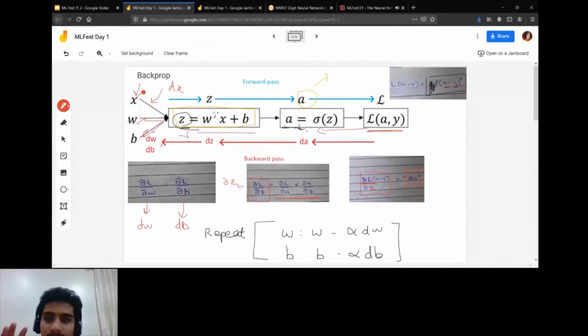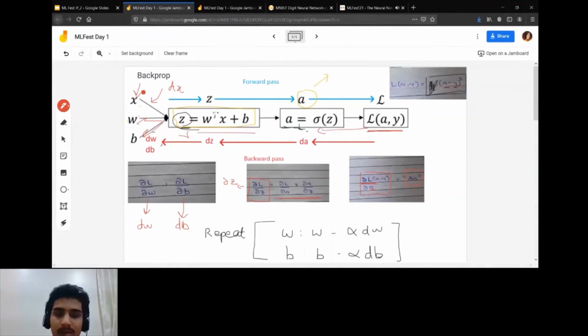Okay, so one thing is that here in our neural network, our x is our input. So input is something we can't really change, right? All we can change here is weights and biases in our neural network. We are randomly initializing some weights.